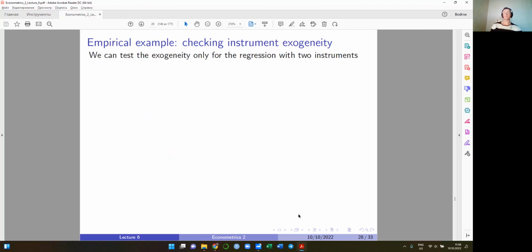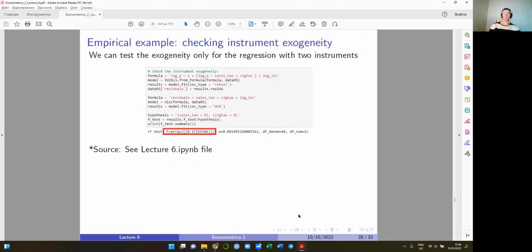So in our empirical exercise, we can test the exogeneity only for the regression with two instruments. This part is the regression with two-stage least squares. So we regress log Q on log P, sales tax and cigarette tax, and log income. You will discuss this special way we write down the formula.